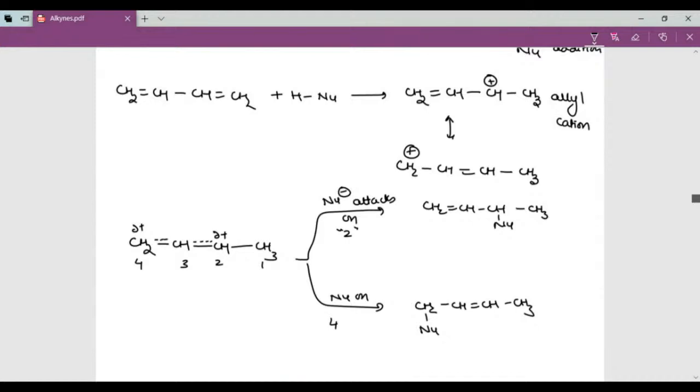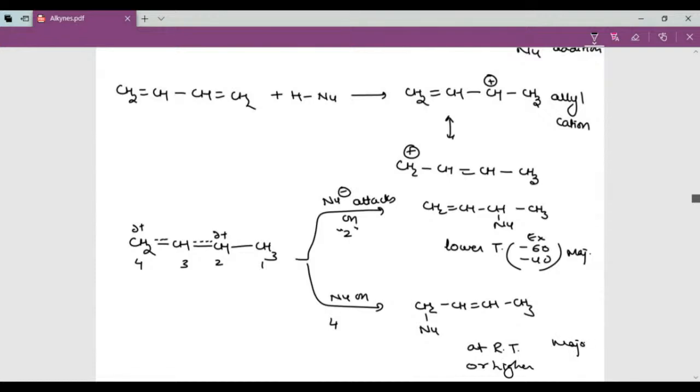There are two possibilities, this way or that way. Right? This is formed at lower temperatures like minus 60, minus 40, for example. Then this is major at room temperature or higher.